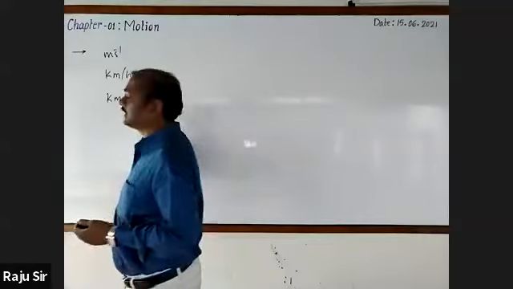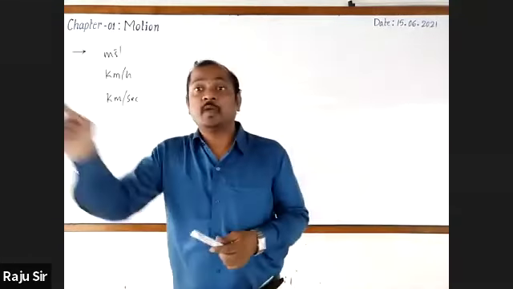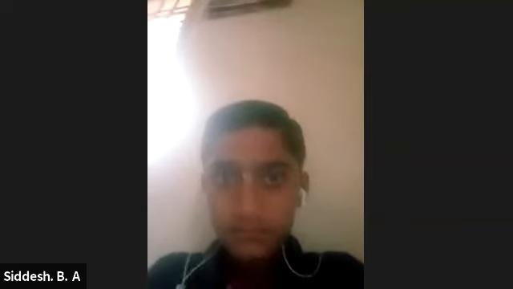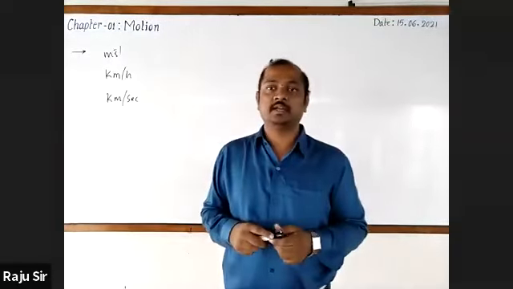Then have you heard kilometer per second? We say that velocity of light is 3 lakh kilometer per second. It means light can travel a distance of 3 lakh kilometer just in 1 second.